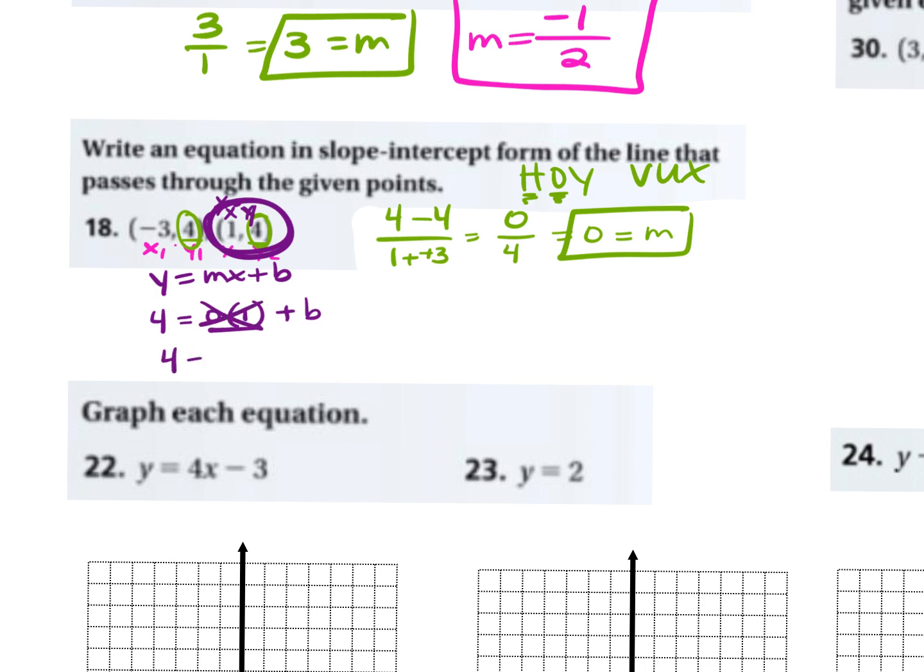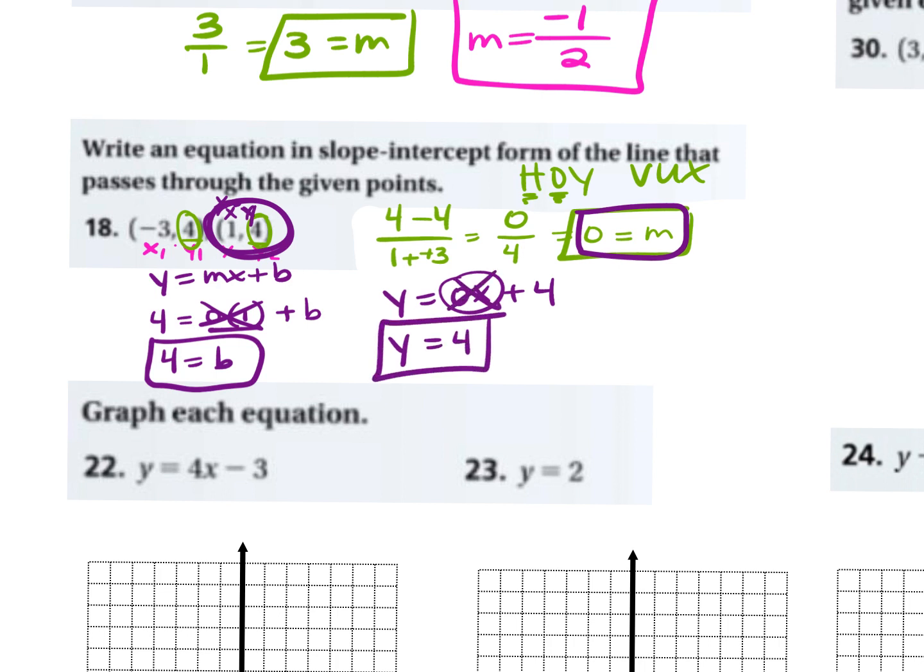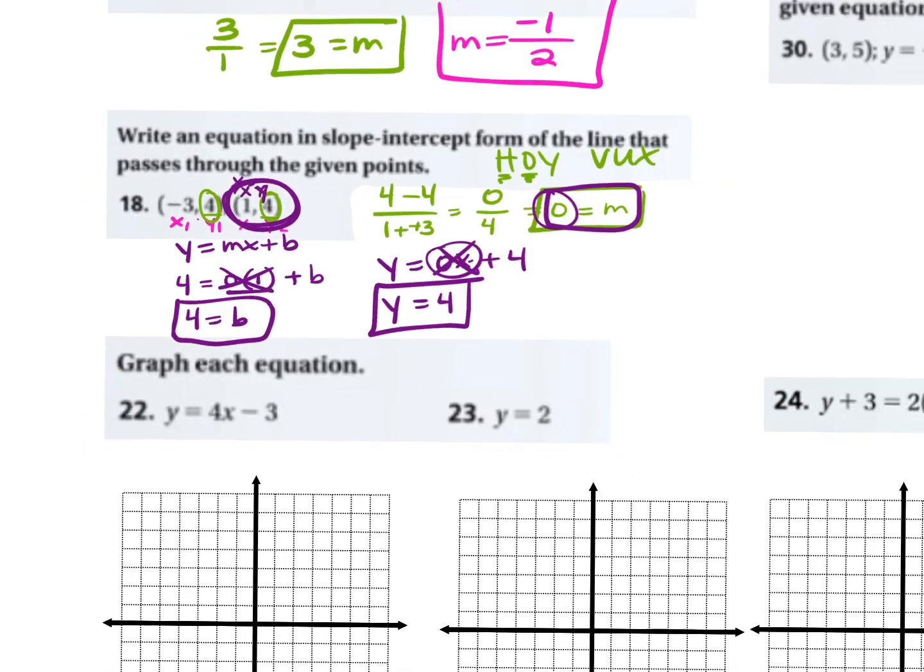So it's 4 equals your b value. So if I put this and the slope into slope-intercept form, y equals 0x plus 4. What's 0x? It's 0, right? So really this goes away and you just get y equals 4. So that's why that one's a little goofy. If this was a 1/2, then it would have been y equals 1/2 x plus 4, and you would have been done. But it's the same process.